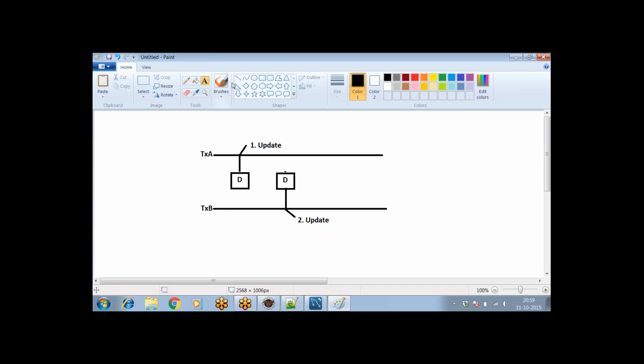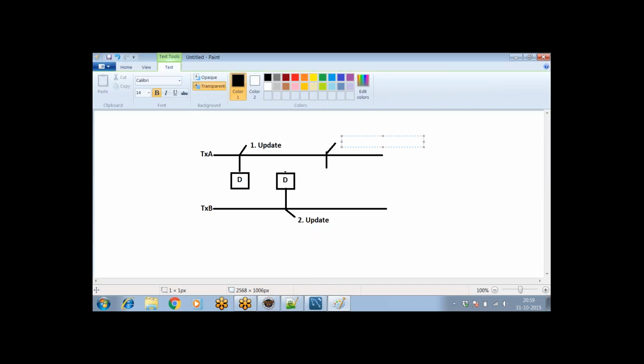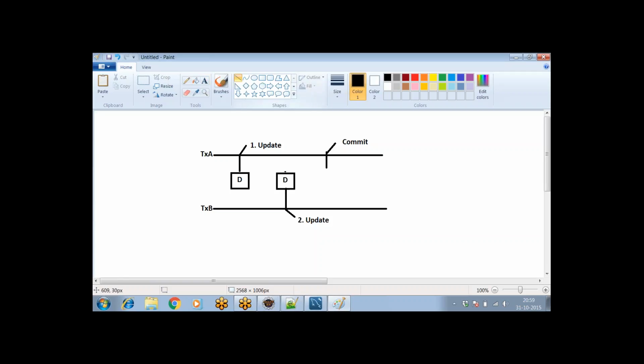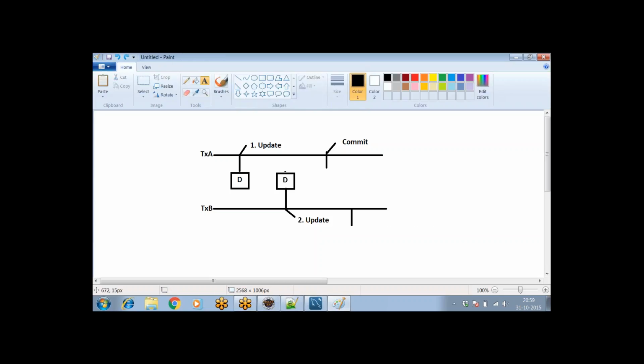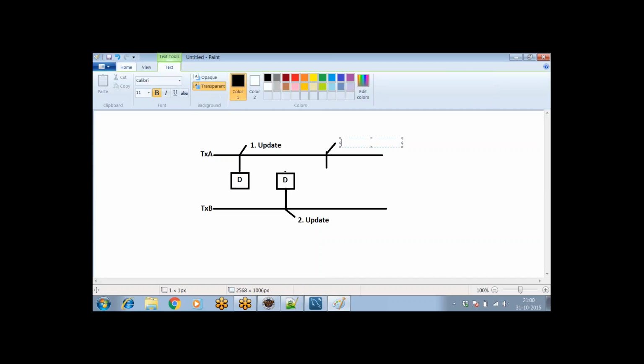Let's say transaction A now does a rollback.